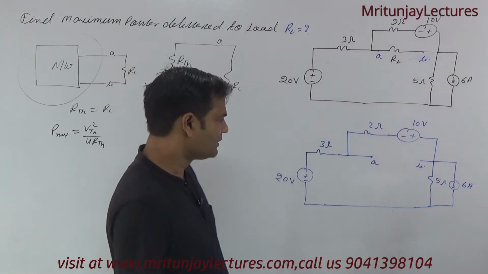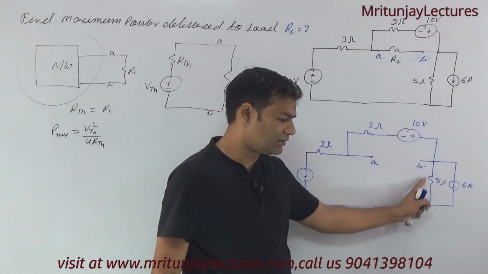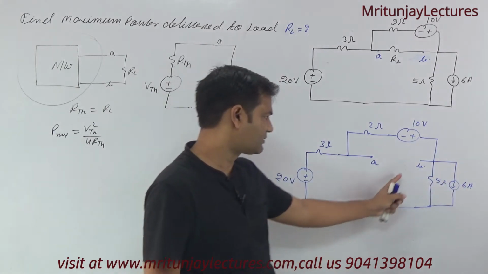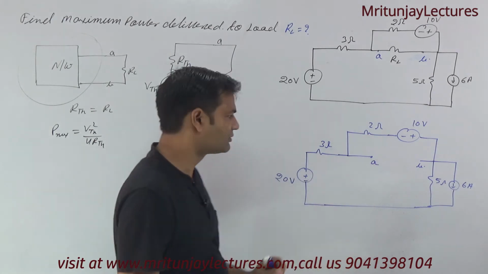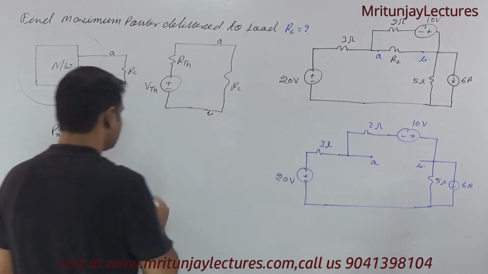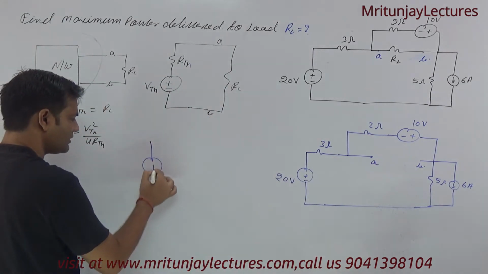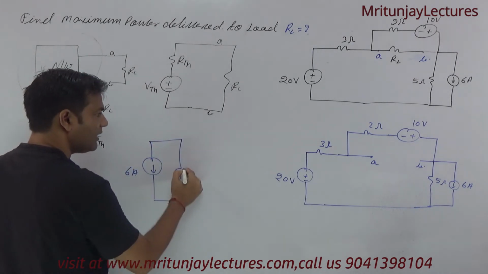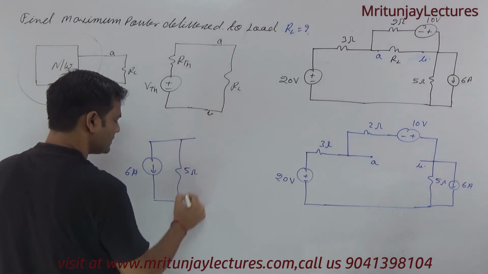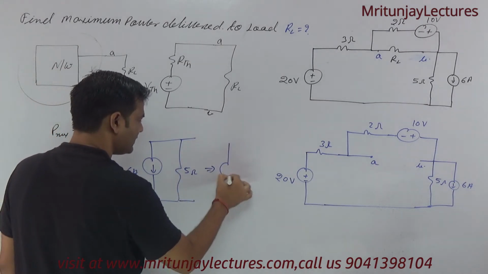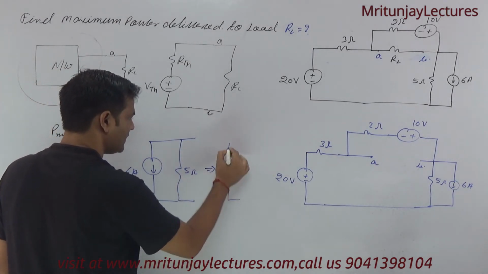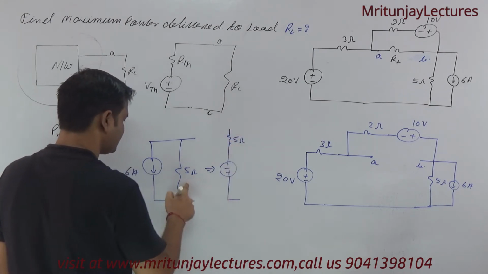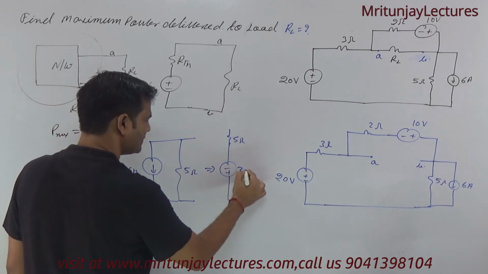First of all, you can determine it if this one is converted into a voltage source. If this one is converted into a voltage source, then I know the direction of current is downward, that is 6 ampere, resistance R is equal to 5 ohm, then it is converted to minus plus, with resistance 5 ohm and 6 into 5, that is 30 volt.